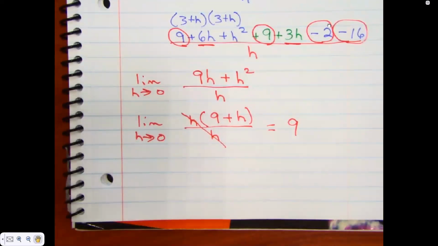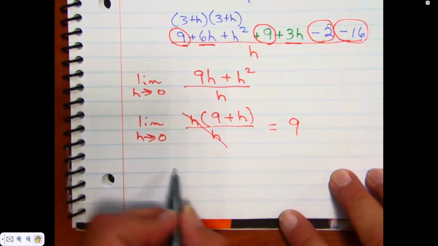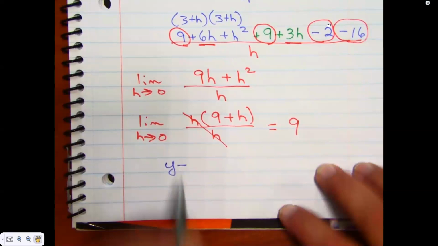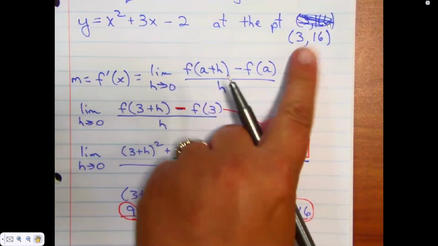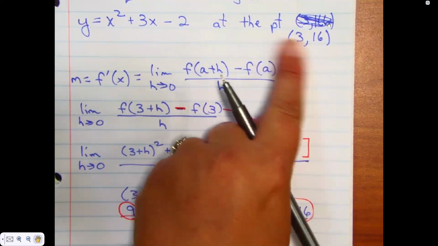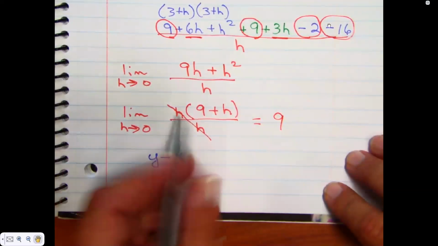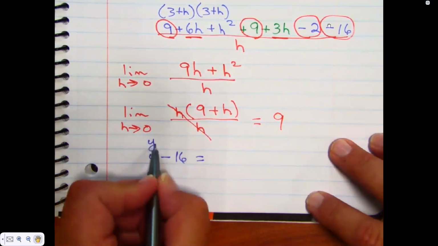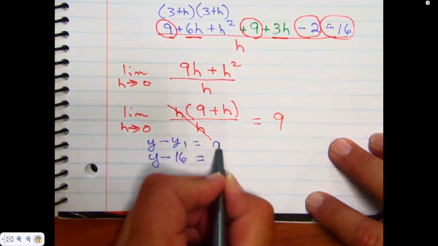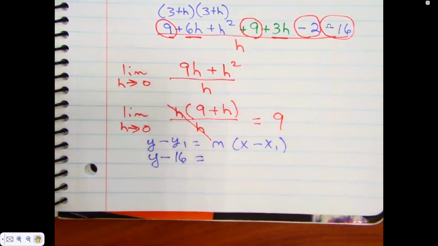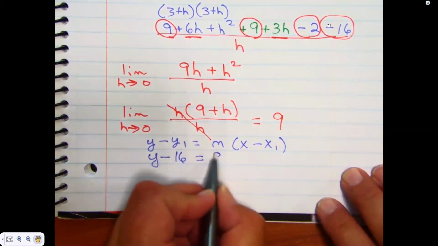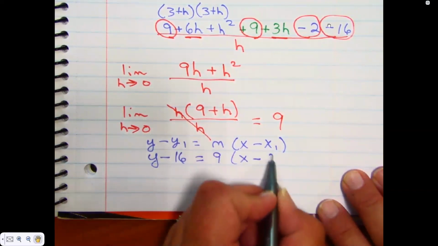And then we had 2/3 to begin with. We did all that work for 9, but don't forget y minus y1, which is 16. Go back to this side. Y minus y1 equals m times x minus x1. And all that work was for that 9, and then x minus 3.